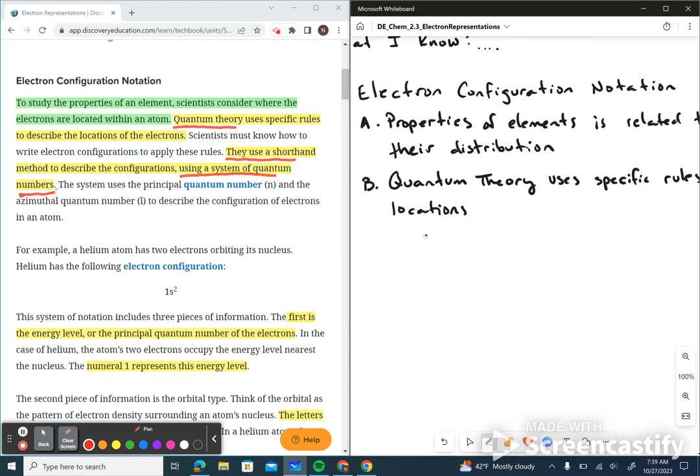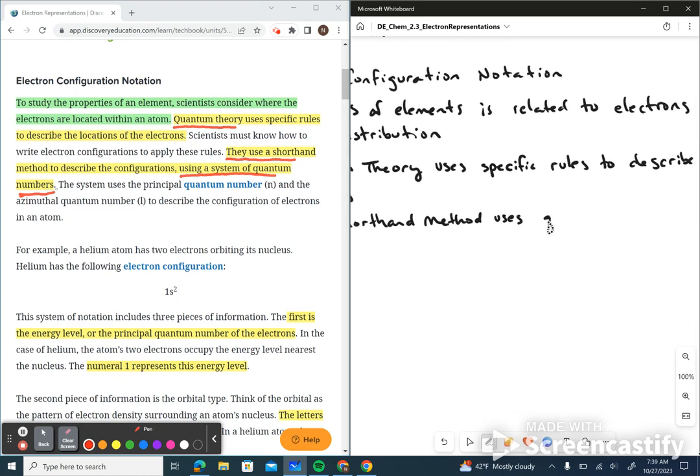And specifically, they have a shorthand method. And this shorthand method uses quantum numbers.